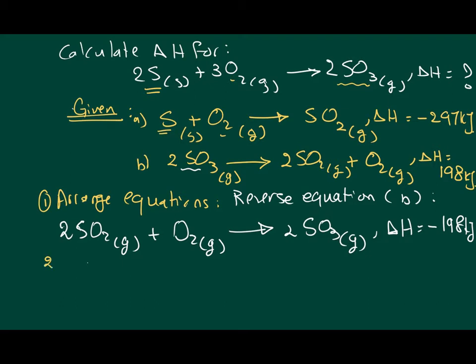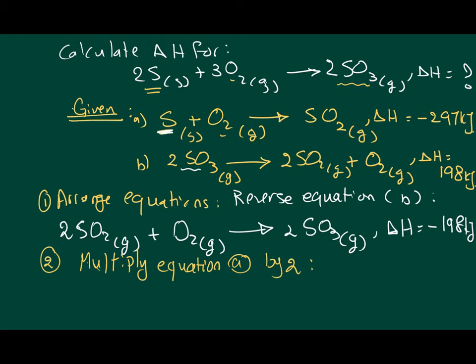Second step, you need to look at equation 1. Does it need to be multiplied to obtain the correct coefficient or not? And if you multiply it by a number, the delta H should be multiplied by the same number. So now we need to multiply equation A by 2. Why should we do that? Because here we have 2 moles of sulfur, but the equation given to me has 1 mole of sulfur.